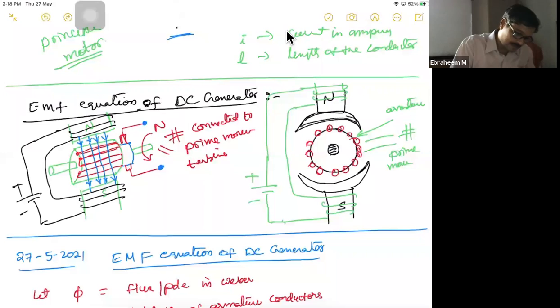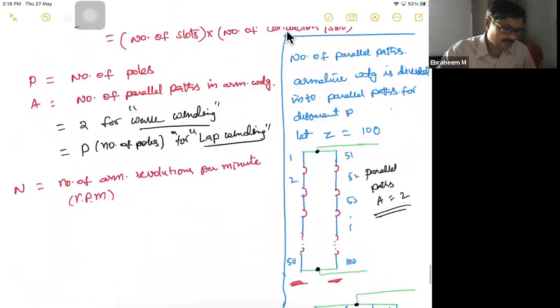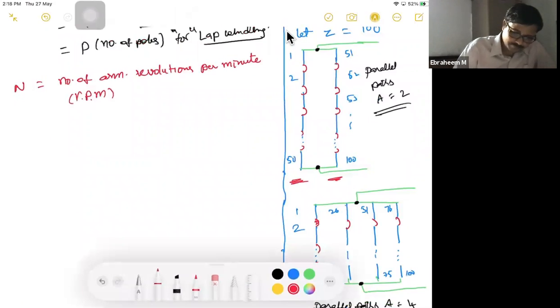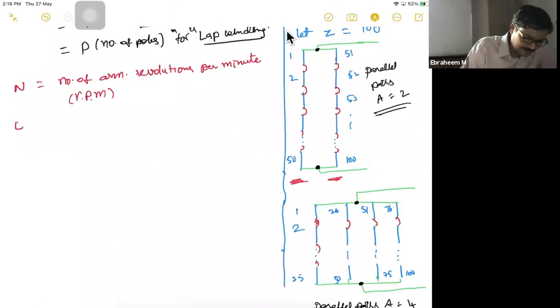The shaft is connected to a prime mover, and the prime mover rotates it, right? So per minute, how many rotations this armature is making in the field, that is represented by capital N. And now the next one is E. E is equal to the EMF induced in any parallel path.